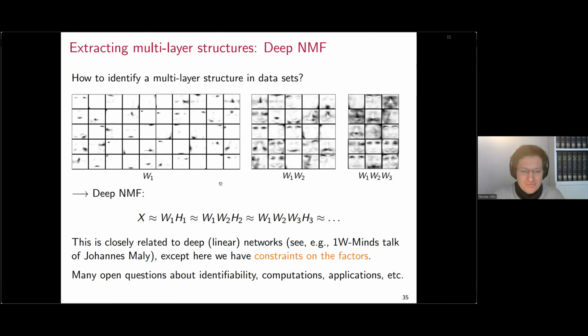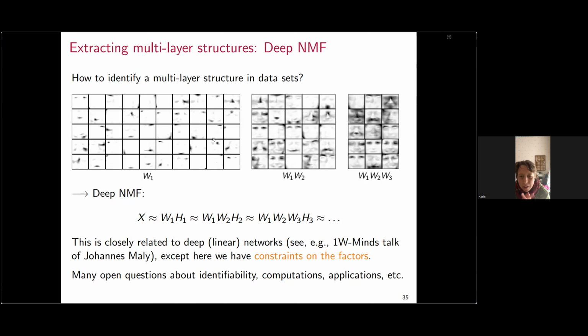At least for this model, you need to choose the rank a priori, but this is a difficult question, especially for deep NMF. It's even worse because you have to choose a rank for each layer. For example, here I used ranks 50, 25, and then 15, but it was quite arbitrary.